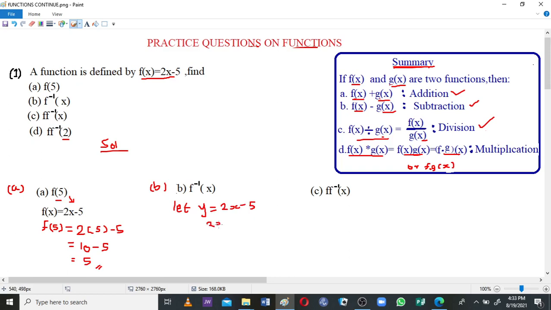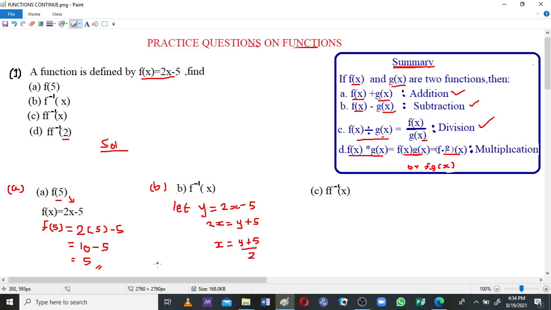So we are going to have 2x is equal to y plus 5. Now to solve for x, we are going to divide both sides by 2, and that will give us x is equal to (y plus 5) over 2.